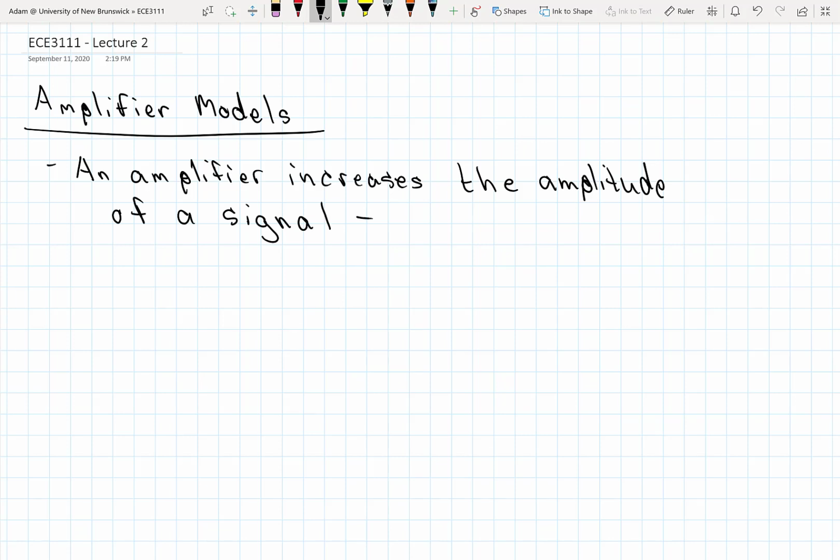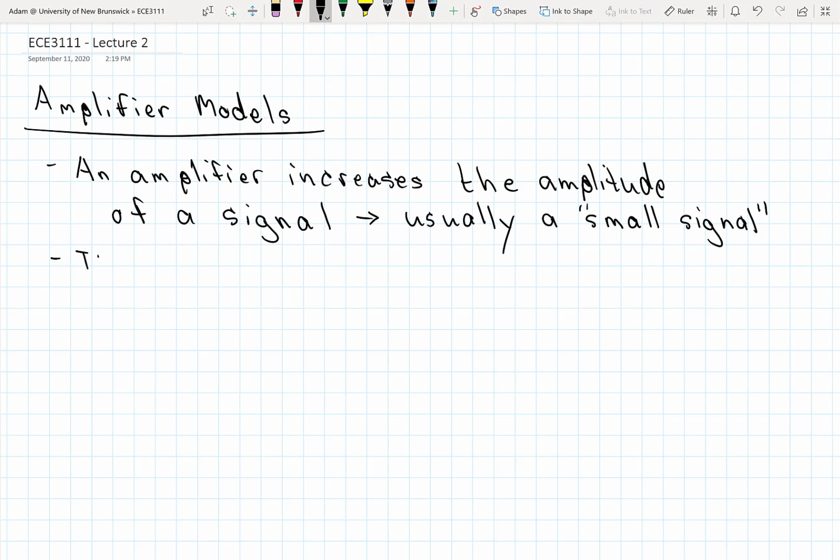Okay, usually it's increasing the amplitude of a small signal, referring back to some of the terminology that we used last day and that we're going to continue to use. Again, the signal that we're amplifying is usually the small signal component of the signal that might be in the system.